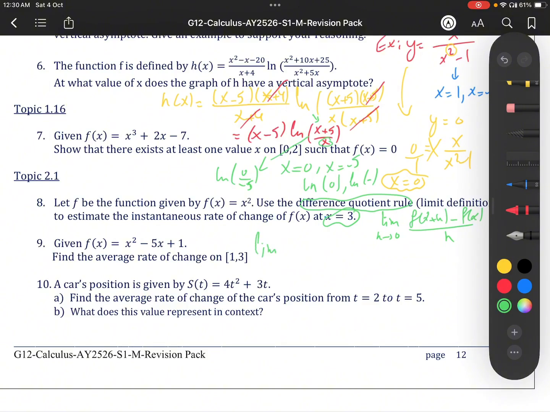So limit h approaching 0, f of 3 plus h minus f of 3 divided by h. So I'm gonna replace 3 plus h in the function. So 3 plus h to the power of 2 minus f of 3, which is 3 square over h.